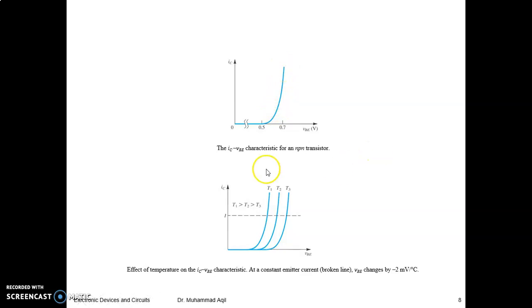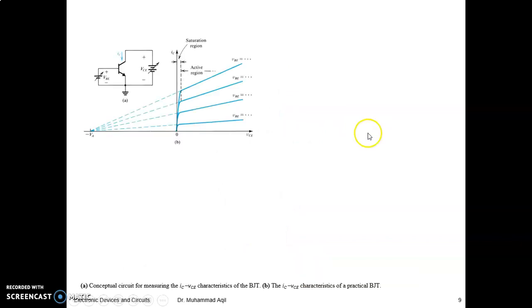Remember when you apply reverse biasing at the collector-to-base junction, right? And the temperature dependency would be the same for the PNP transistor, but with a difference here, VEB instead of VBE. This is for NPN, right? So please draw it again for the PNP by writing VEB here. Everything would be the same, right?